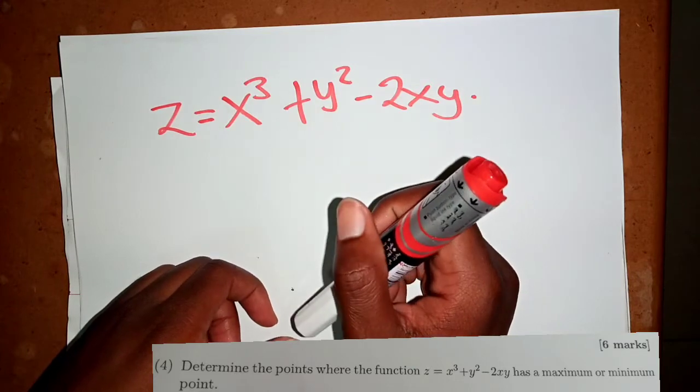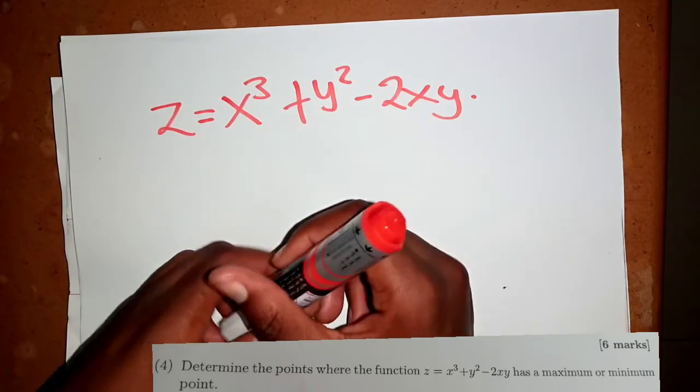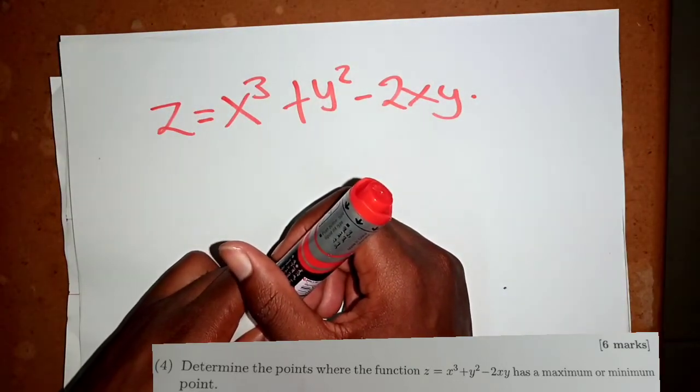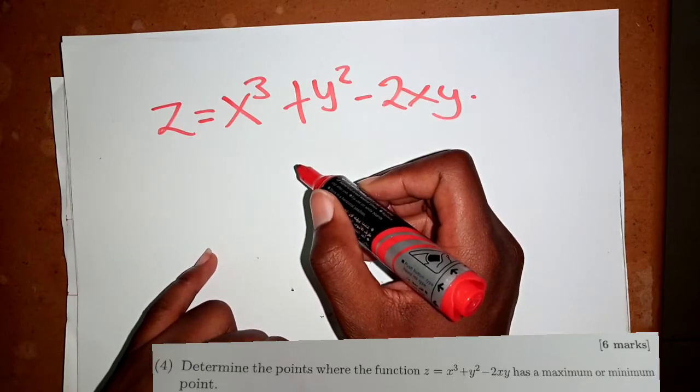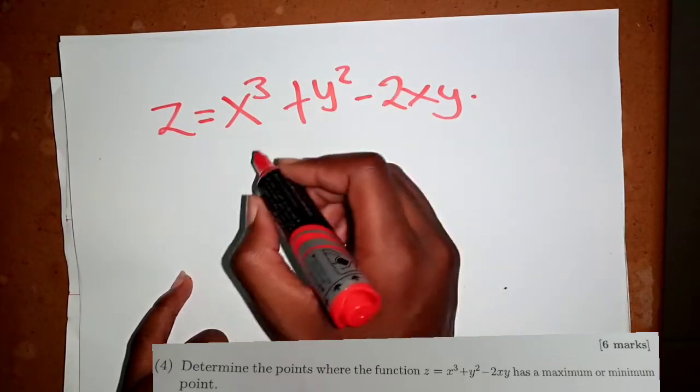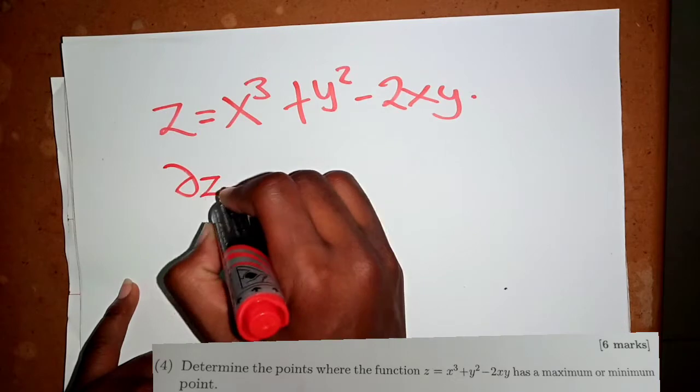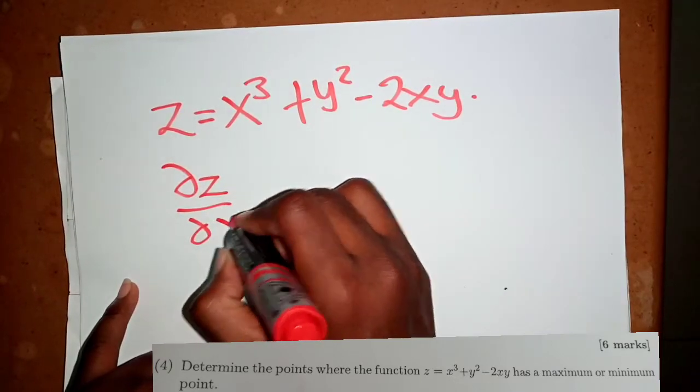I'm sure you've gone through the way of finding minimum and maximum by partial differentiation. The first one that you must find here is partial dz over partial dx.